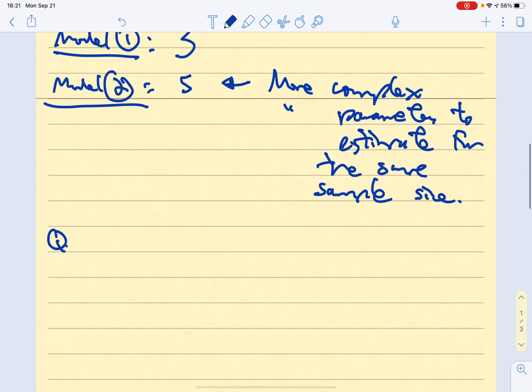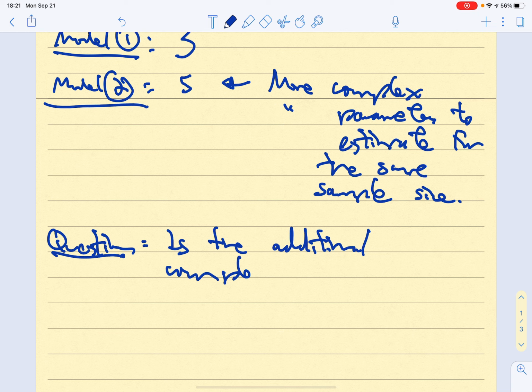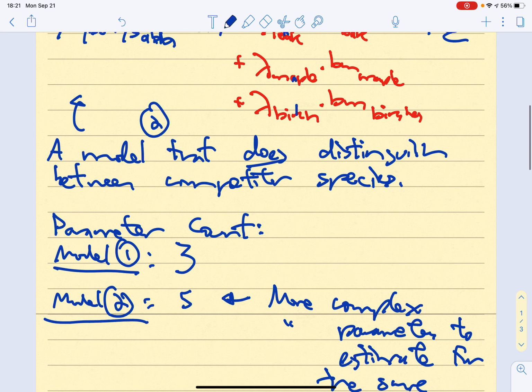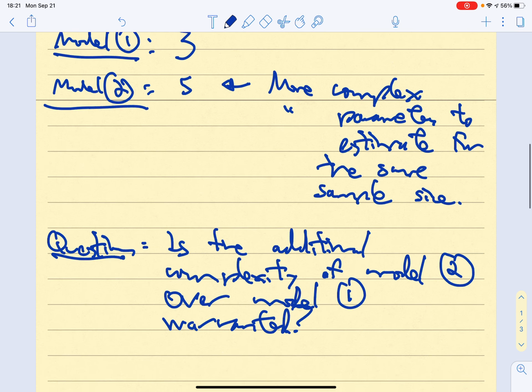So here is the question: is the additional complexity of model 2 over model 1 warranted? Is the additional complexity of the model that distinguishes between the species versus one that doesn't distinguish the species worth it?